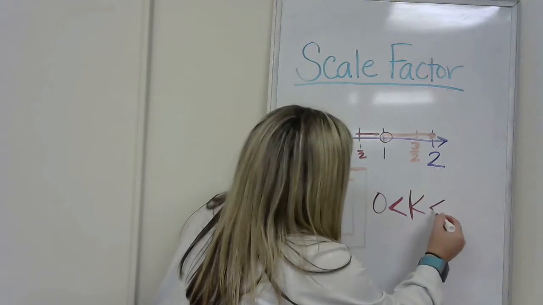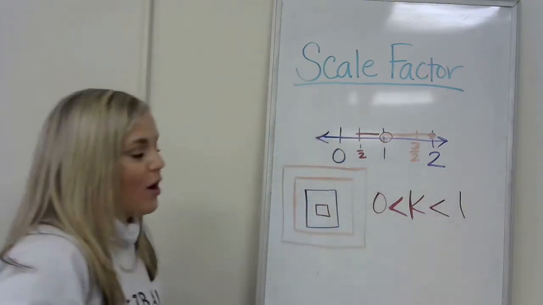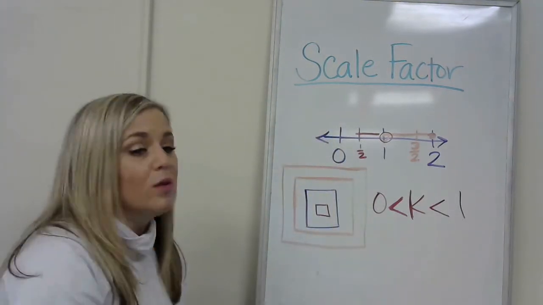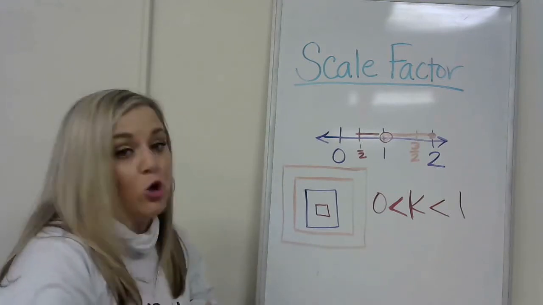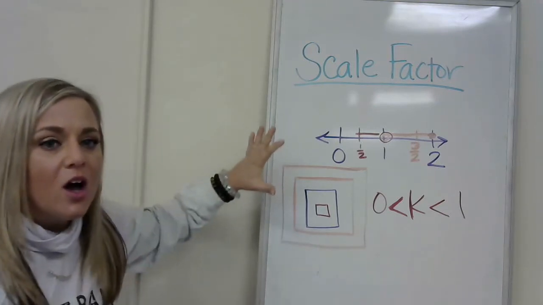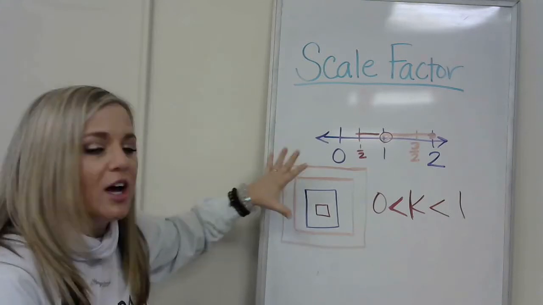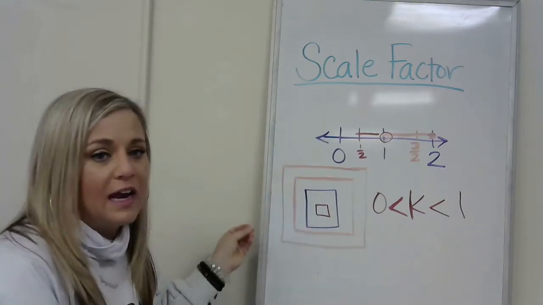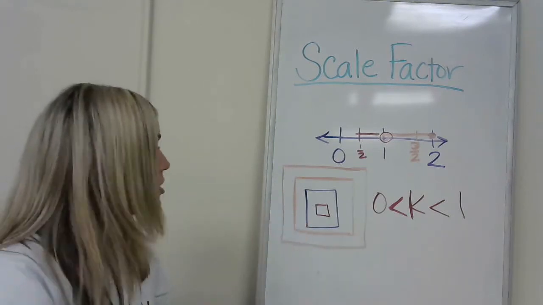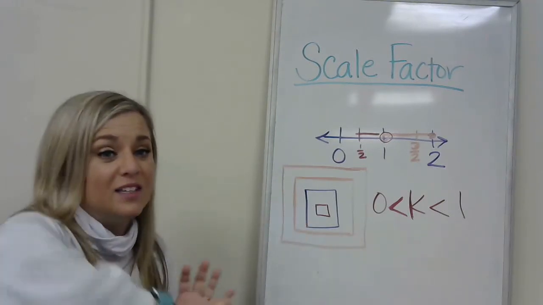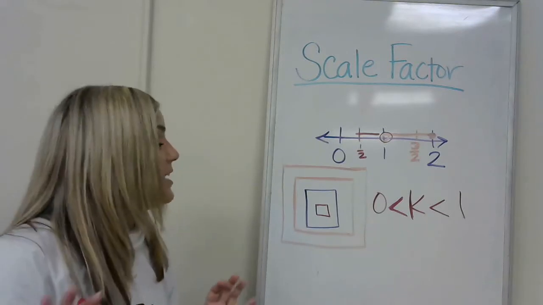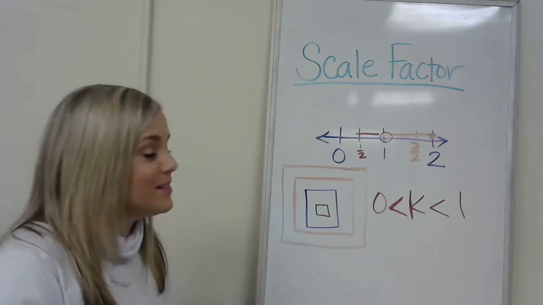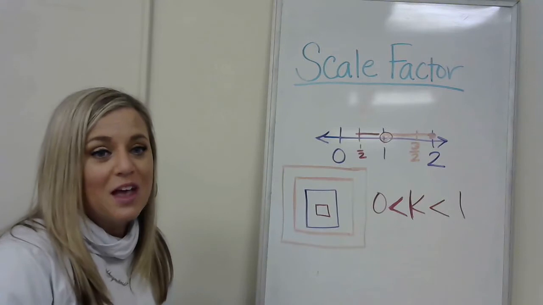But it can be greater than 1. So there's no limit or restriction on how large we can make our shape. So just understand that right there. That's going to help you a lot. We're never going to have a negative scale factor, but you can have as big a scale factor as you want. There are no restrictions on that. I was trying to make that clear.